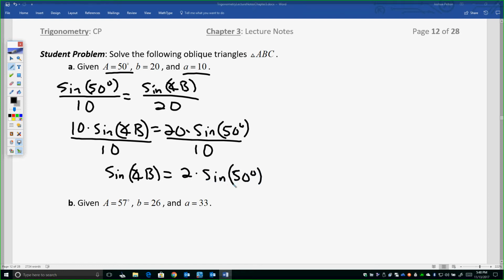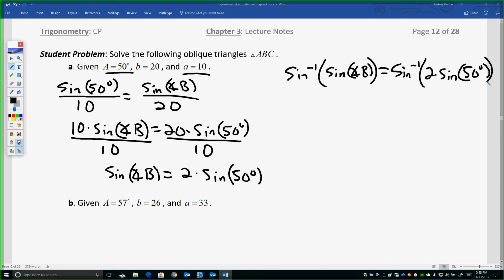So set the inverse sine to both sides. So inverse sine of angle B equals inverse sine of 2 times sine of 50. So cancels, angle B is equal to, if we type that into your calculator, you'll get undefined or outside of the domain.